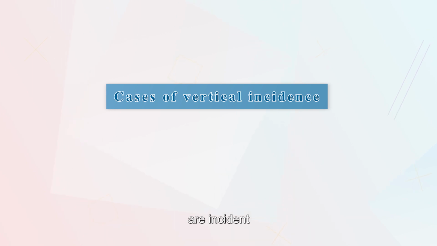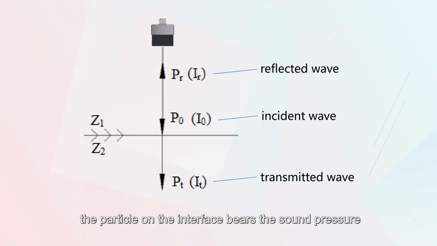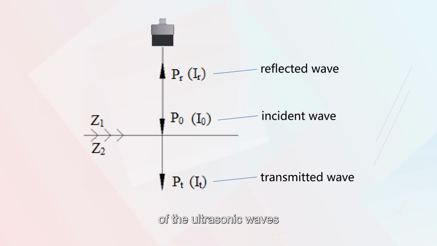The first is that the ultrasonic waves are incident perpendicular to the single flat interface, as the picture shows. Obviously, the particle on the interface bears the sound pressure of the ultrasonic waves on both sides at the same time.